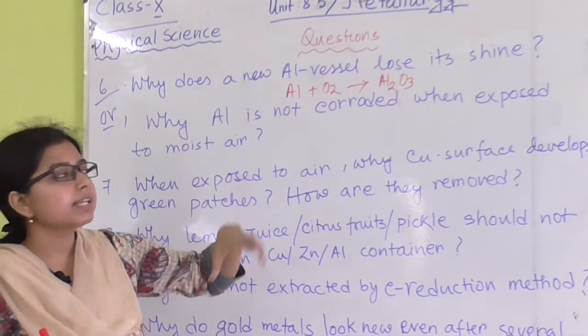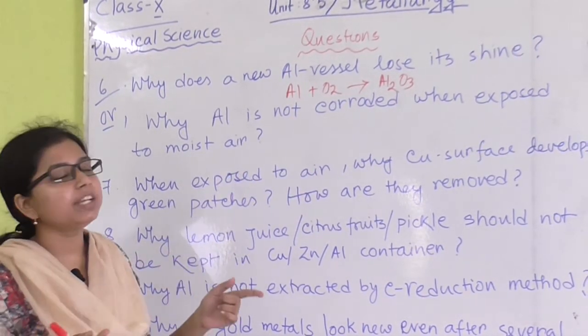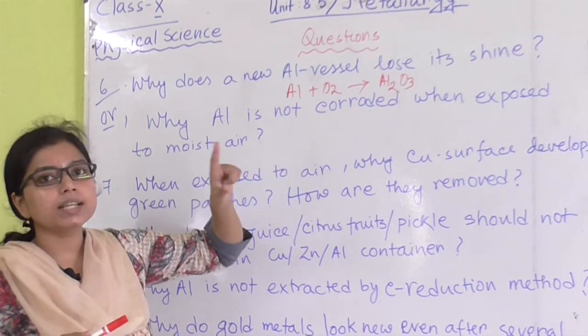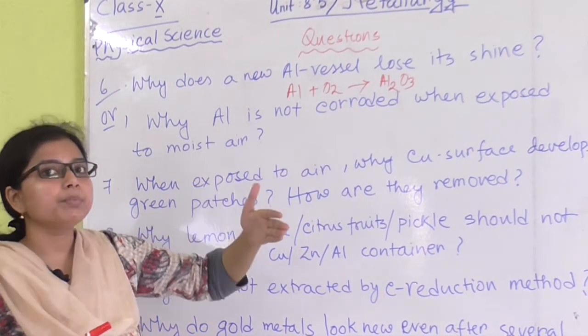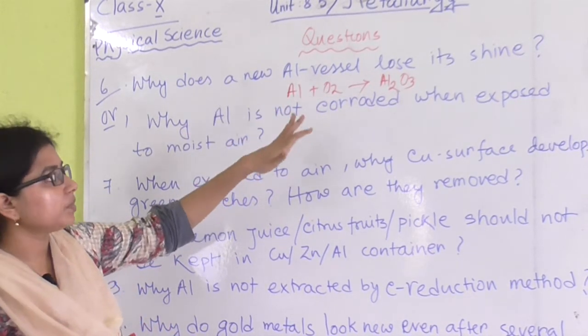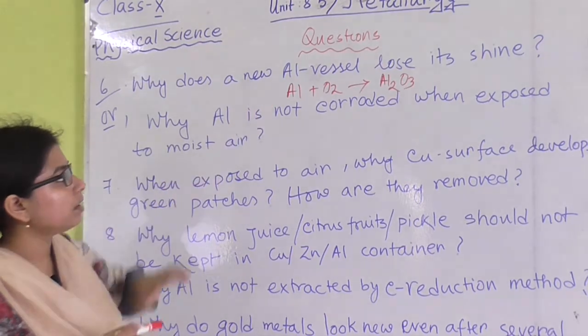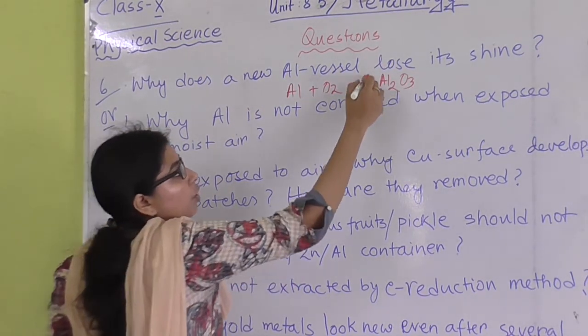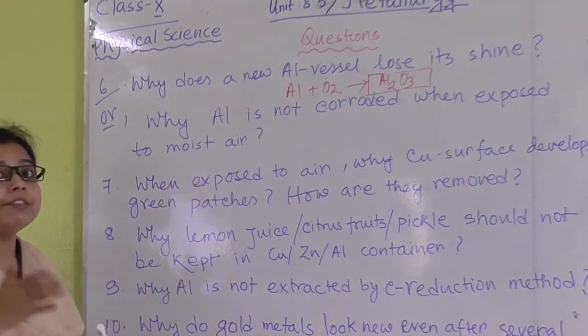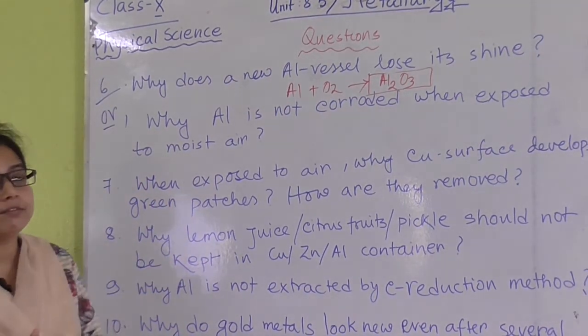If we ourselves give a coating of aluminum oxide over the metal surface, then it is known as anodizing, which also prevents the penetration of oxygen into the metal. Okay. So the main thing is, just due to the formation of aluminum oxide, aluminum loses its metallic shine very fast, because the process is very fast.